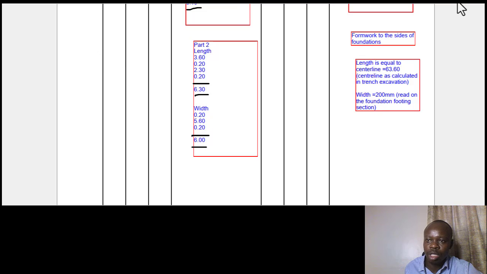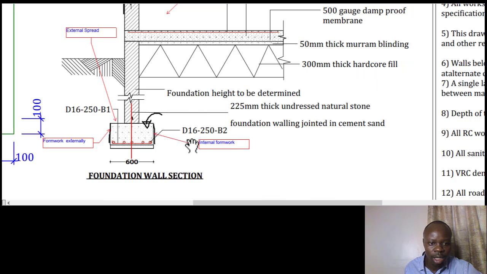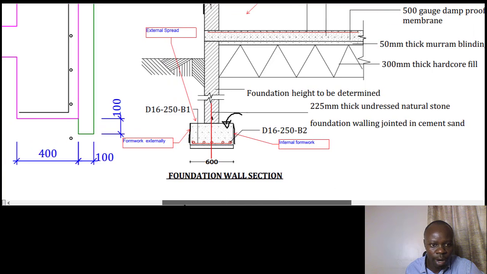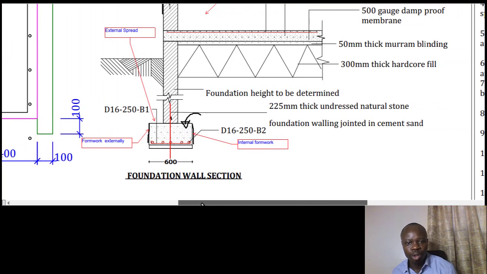So this is what I'm talking about. This is 600 for the footing, and it's going to be 200 millimeters.